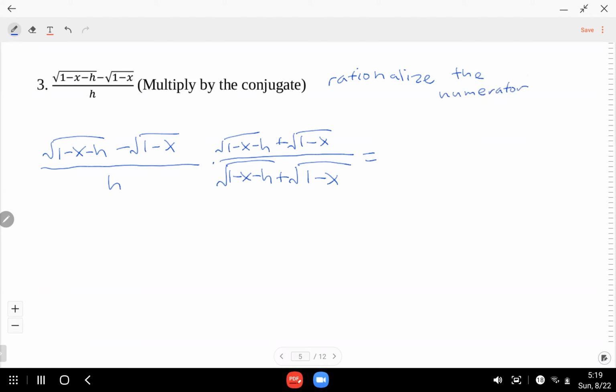Please rationalize the numerator. Yep, rationalize the numerator, because that's what we're doing here. And later I'll show you why we need to rationalize the numerator, and that is to find the limit of a specific equation. Find the limit of the base equation.